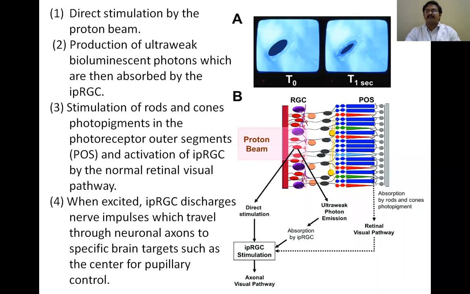The stimulation of the rods and cones, the photopigments in the outer segment of these photoreceptor cells, can also activate it by the synapses, the neuroretinal circuit pathway.